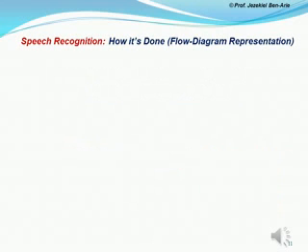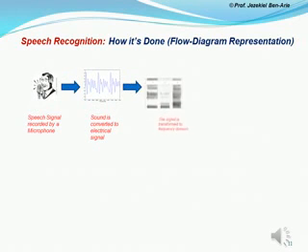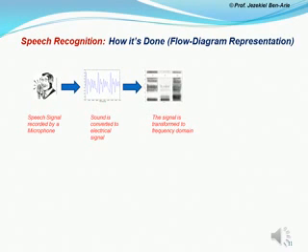Here are some basic steps of speech recognition which are illustrated by a flow diagram. At first, as we all know, speech signal is recorded by a microphone, which is converted into an electrical signal at the same time. This signal is then transformed to frequency domain by using fast Fourier transform.